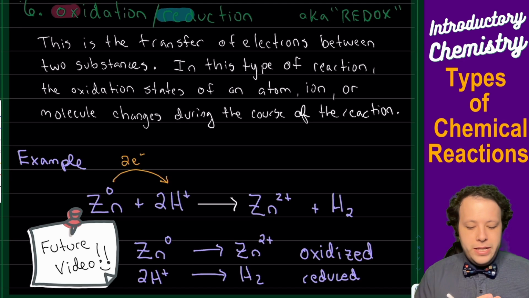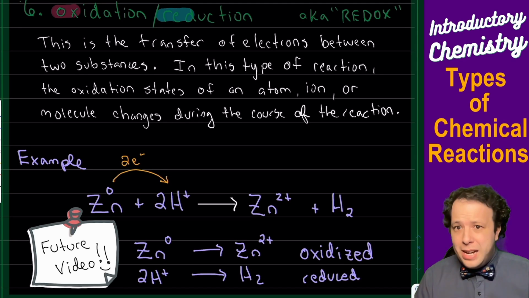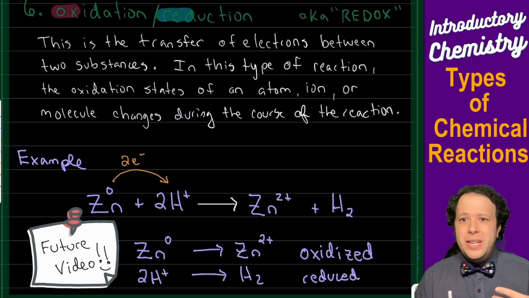So what this one is all about is how your batteries work in your cell phones, your laptops, all your electronics. It's all about how we can conduct electricity, which is in the form of electrons being transferred from one place to another. So in oxidation and reduction, it's how do we transfer an electron? So I made one here with just zinc and hydrogen. So zinc, in this case, is transferring electrons to hydrogen to help power something.